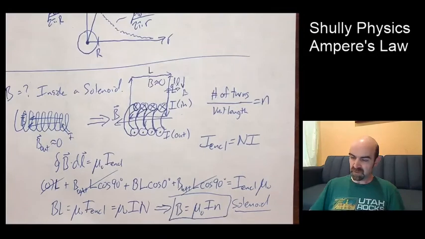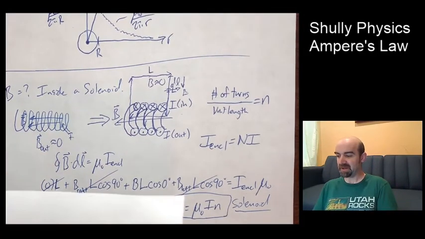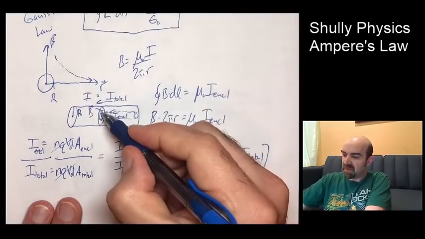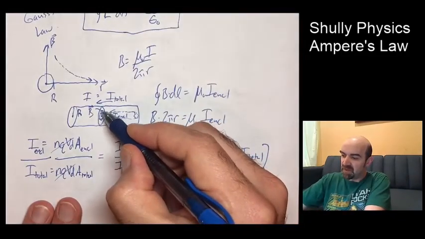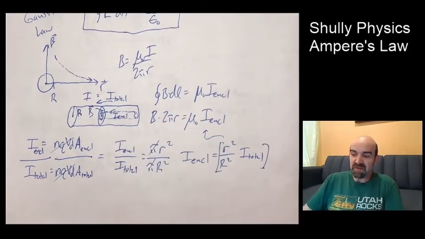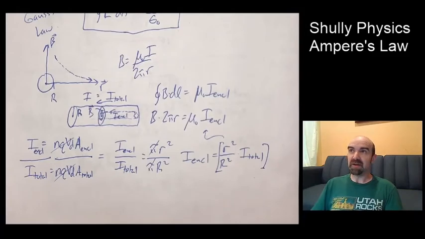So the last thing I want to do is revisit this dL character. In the first example of the inside of the wire, this dL was a little loop inside of the wire. This is an imaginary loop. It's like with Gaussian surfaces, they are imaginary surfaces we were putting around the object.